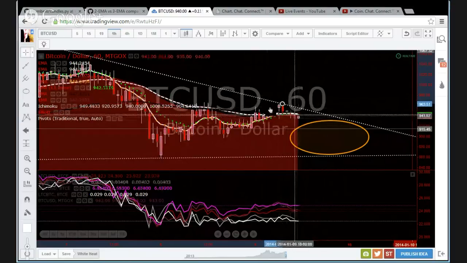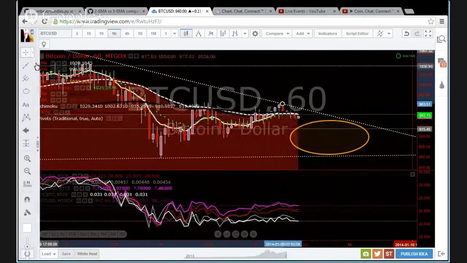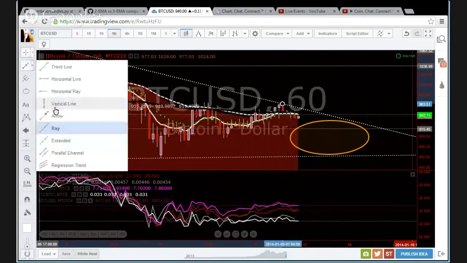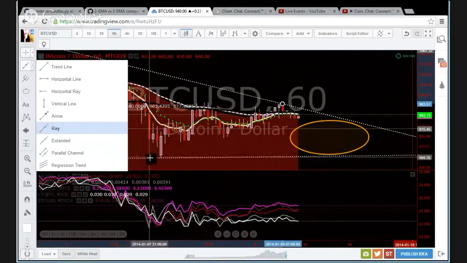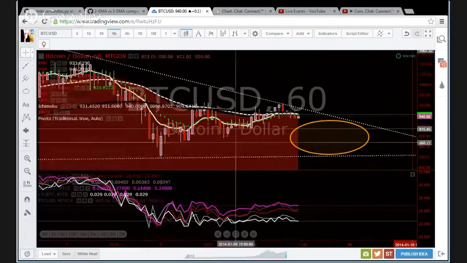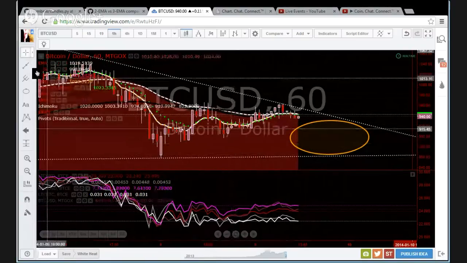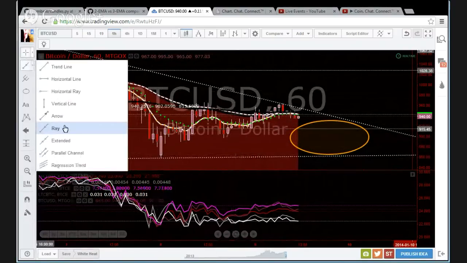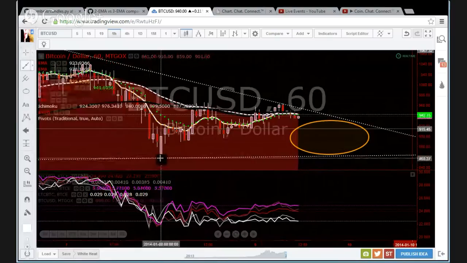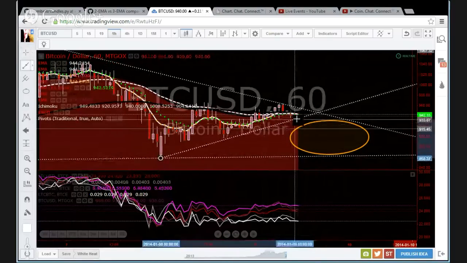Is this a short play, or are we really getting ready to take another major move? So we'll play around with the 60 for a little bit and get ourselves some ideas on upside potential as well. And then today, what I'd really like to do is get into Professor Sub's work that I learned.